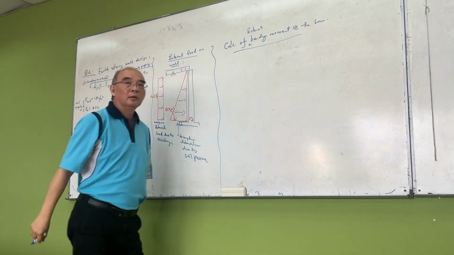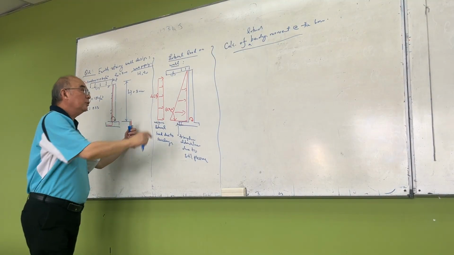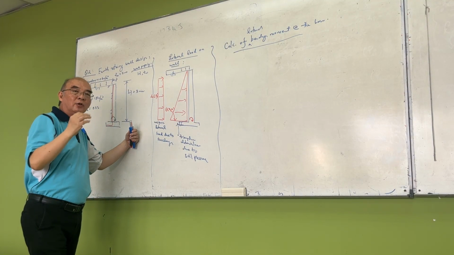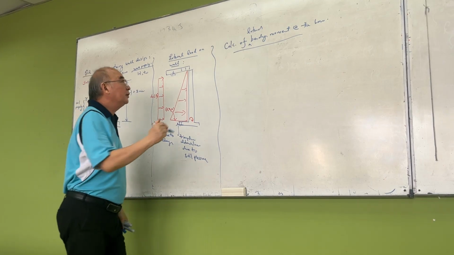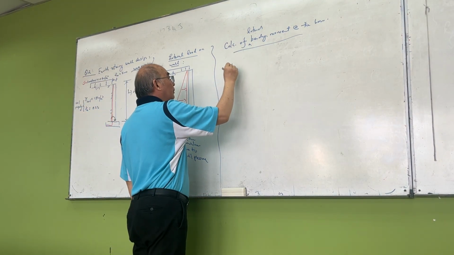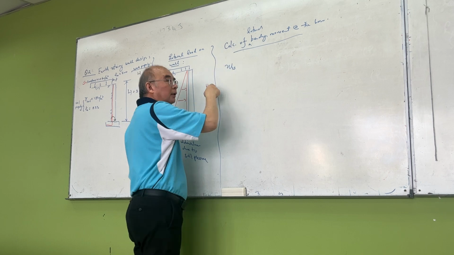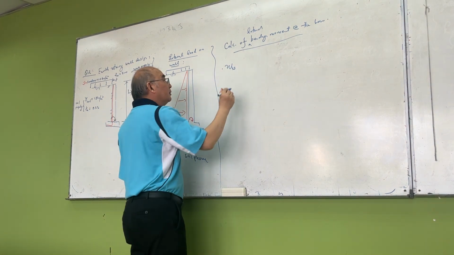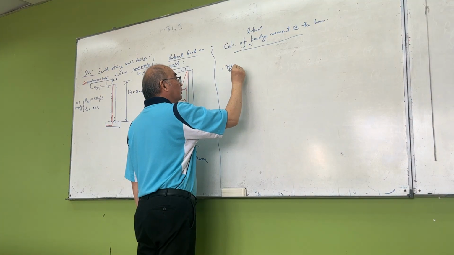Because we have two types of loading, we will have two types of bending moment. First is Ms. Here I start with Ms, the unfactored load first. Ms due to surcharge.